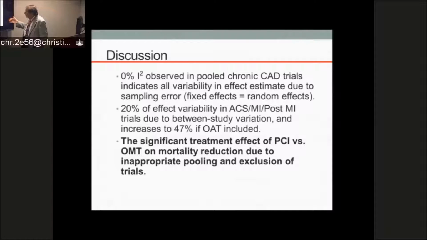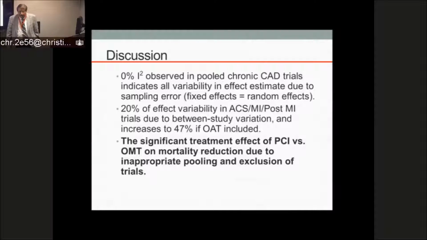So what we can basically conclude then in these here is that the treatment effect of PCI that we saw in that meta-analysis was due really to inappropriate pooling of studies or inclusion of studies. Okay?